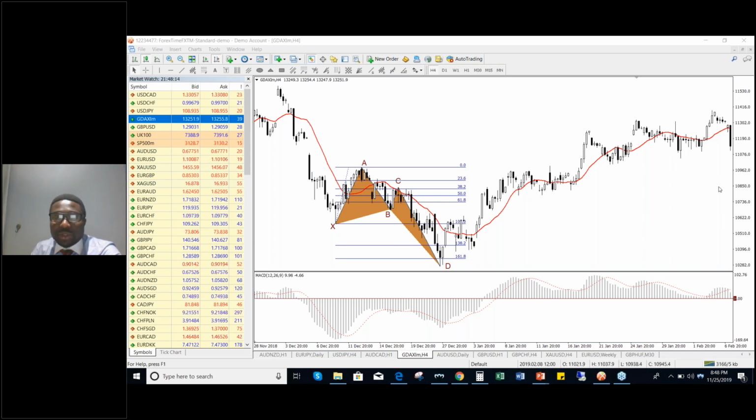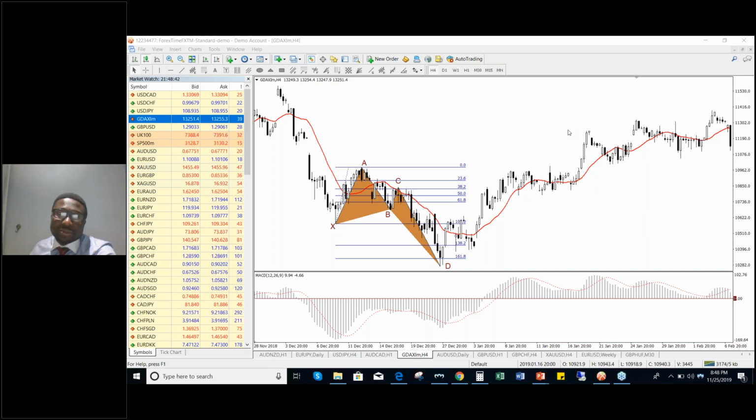In the drawing, we say that B is between 38.2 and 61.8. Am I correct? Yeah, B is 38.2 to 61.8. All right. Having established point B as fulfilling one of the conditions, we'll move to the next.